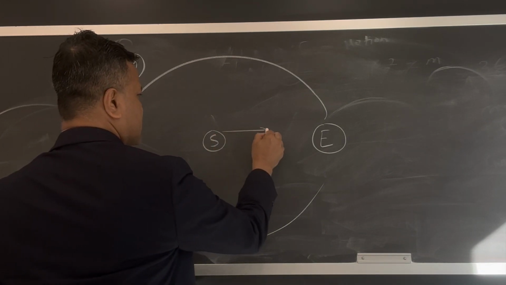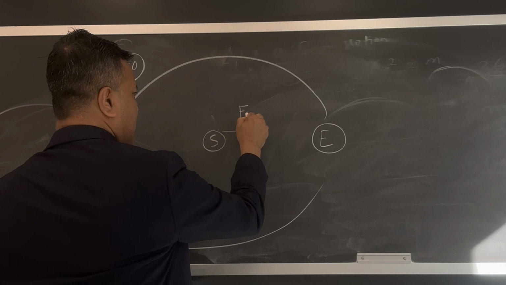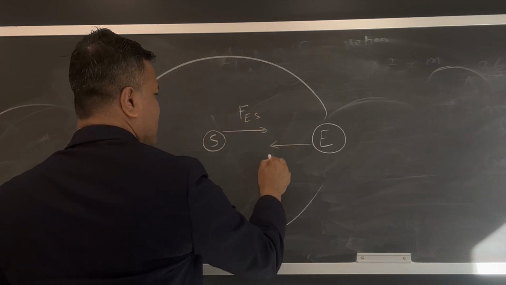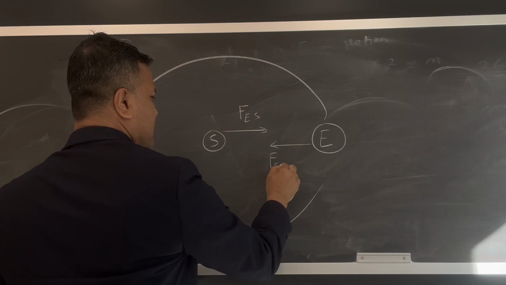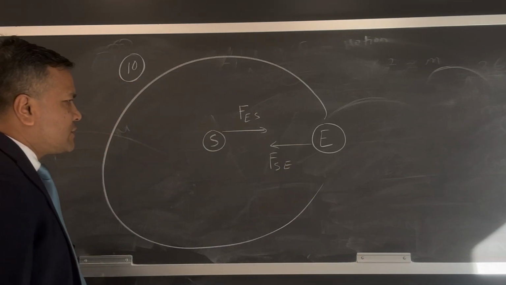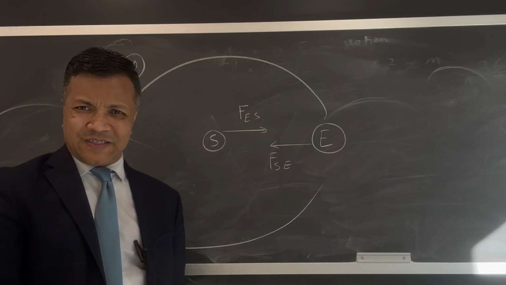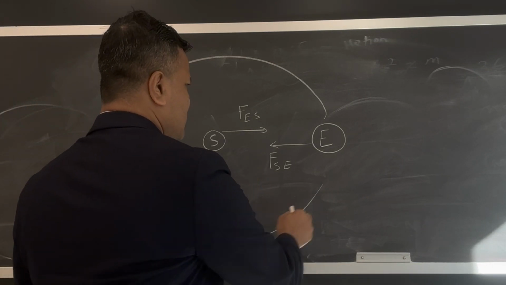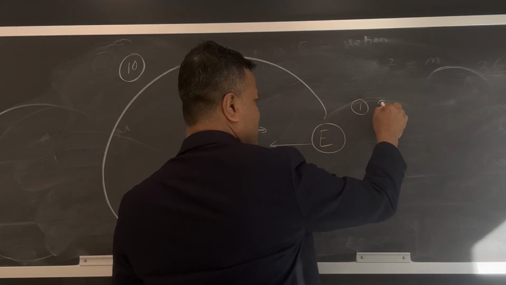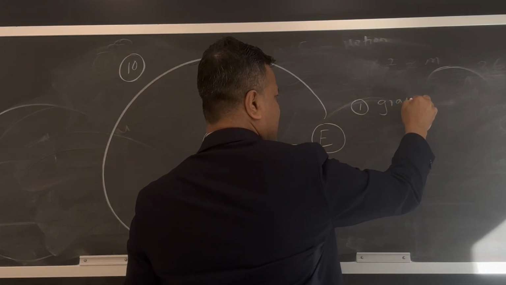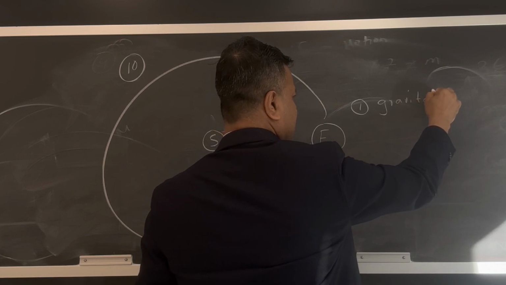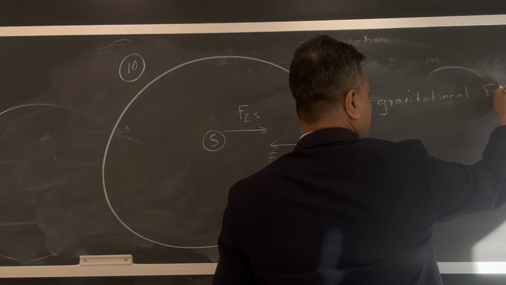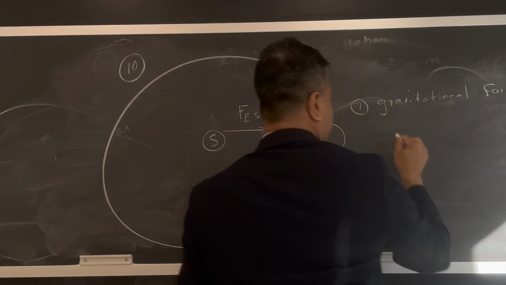Newton's third law tells us force on Earth by sun is equal to force on the sun by Earth, which is equal in magnitude, opposite in direction. And so this is force due to gravity. So gravitational force is then attractive.